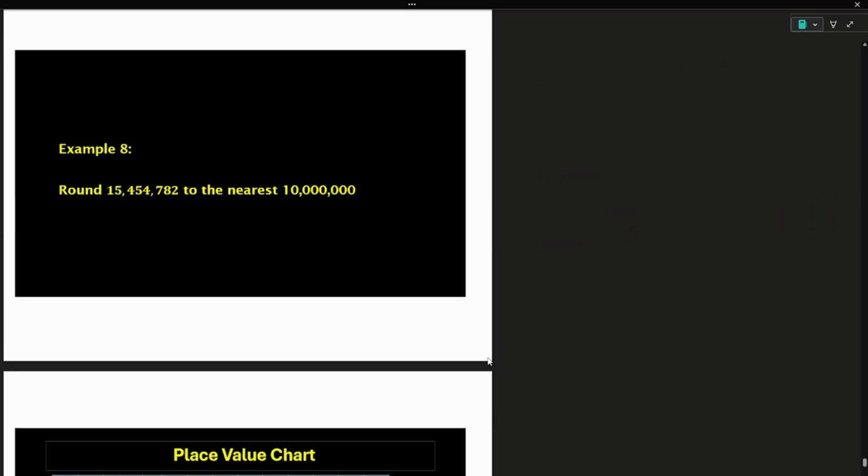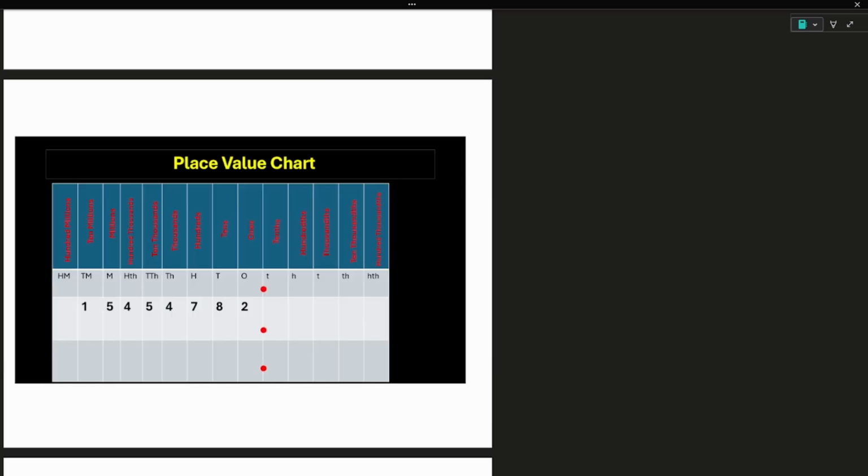Our final example, example 8, we are asked to round 15,454,782 to the nearest 10 million. Using a place value chart, we need to identify the 10 million place.